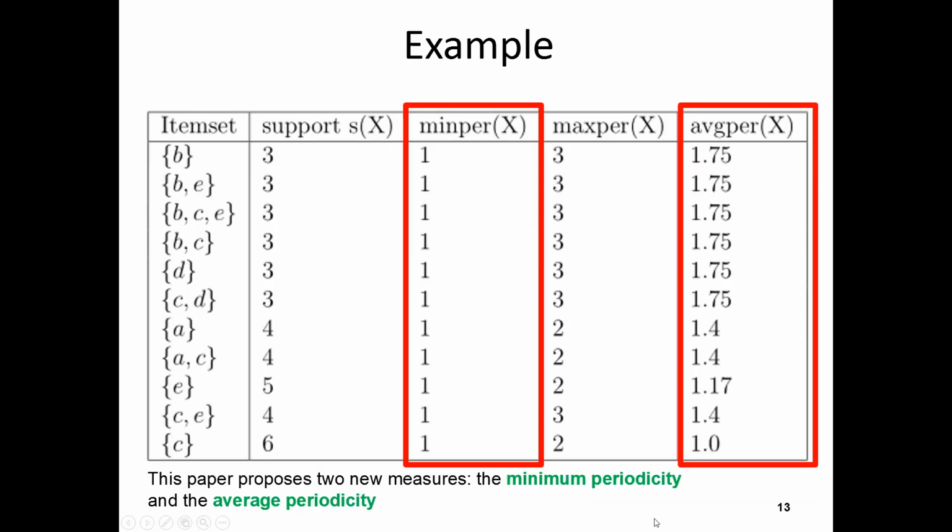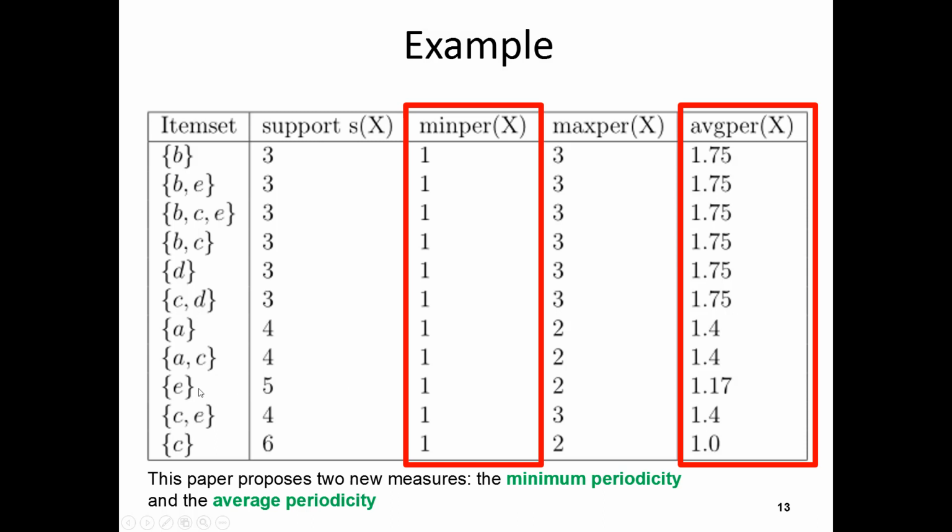Okay, so I show you some example with the database that I showed you just before. Here we have some patterns and I calculated the support, like AC appears 4 times in the database. And here we have the maximum periodicity, the measure used by other papers. So we find that AC appears at least every 2 weeks.